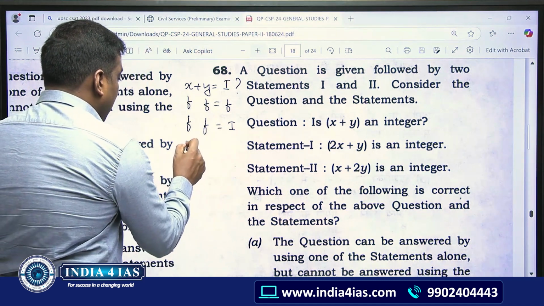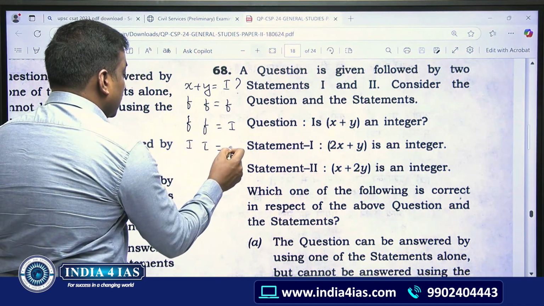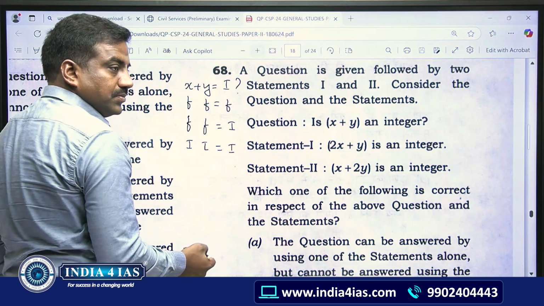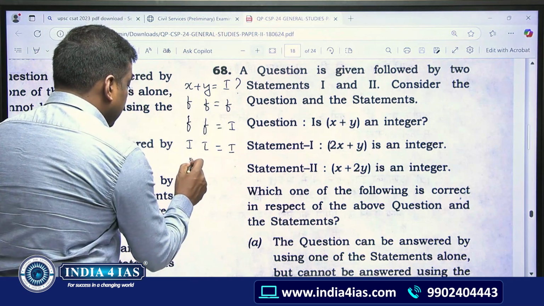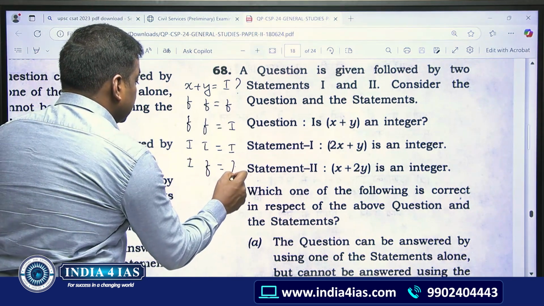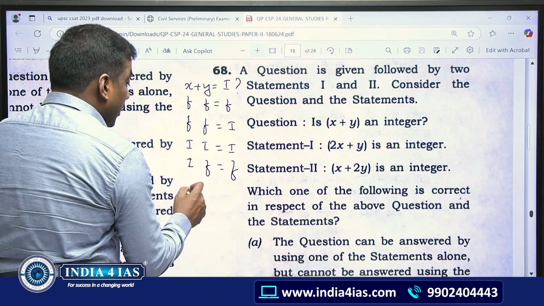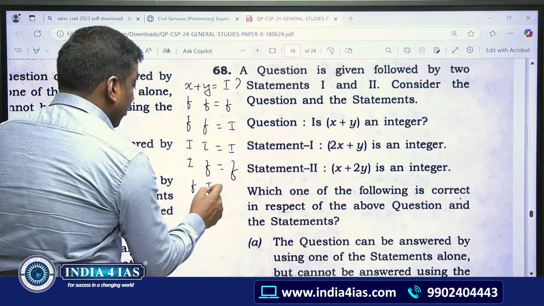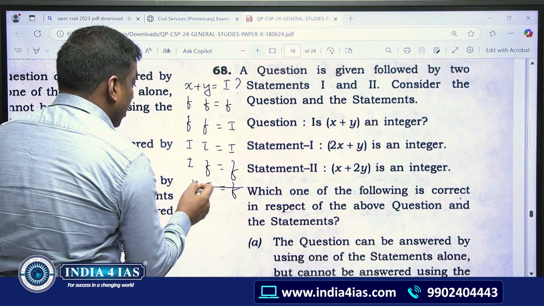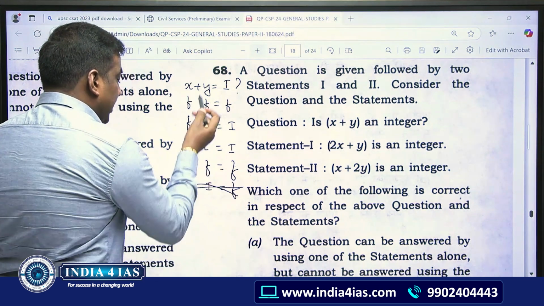When both of them are integers, the answer will be an integer. When one is an integer and the other is a fraction, the answer is a fraction. I will not repeat this because we can interchange x and y.